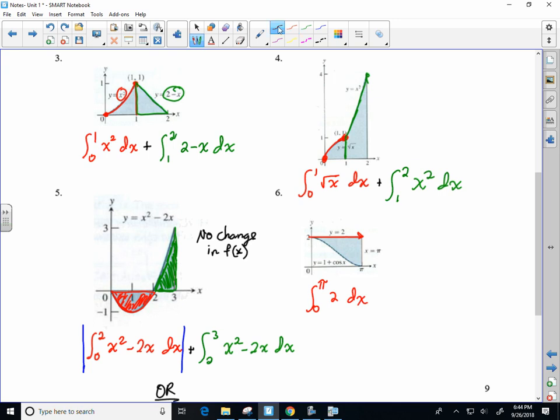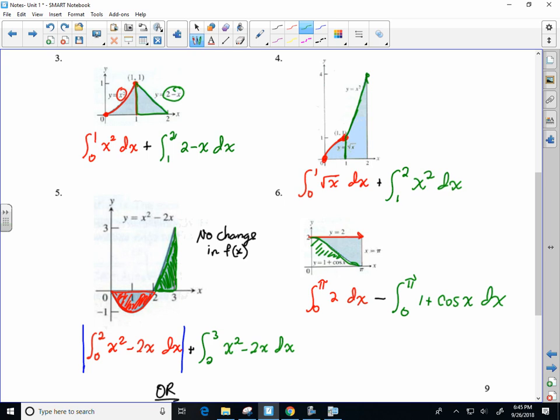And then I would subtract from that the area of all the stuff that I don't want. So that would be this stuff. 0 to pi again, and the function 1 plus cosine x dx.